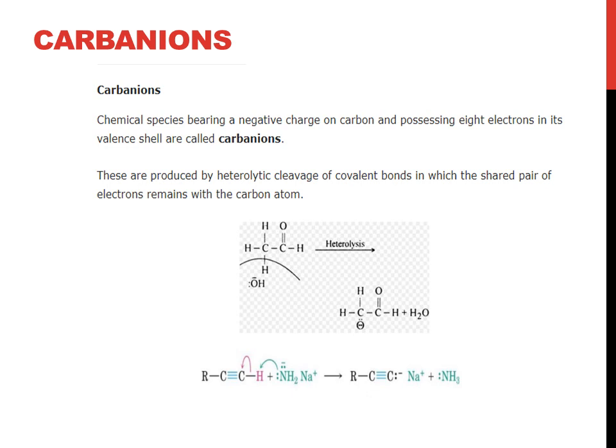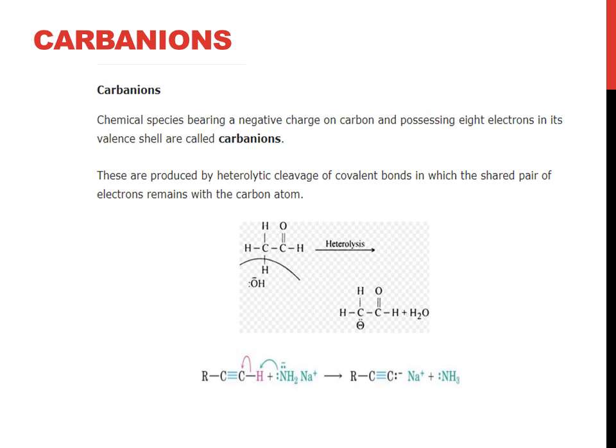One more example, R C triple bond C H, that is R C C H. There is an attack of NH2 negative, Na positive. Nitrogen is negatively charged. It contains two lone pairs of electrons. These lone pairs are shown to move toward H, and the bond between carbon and hydrogen is shown to cleave.